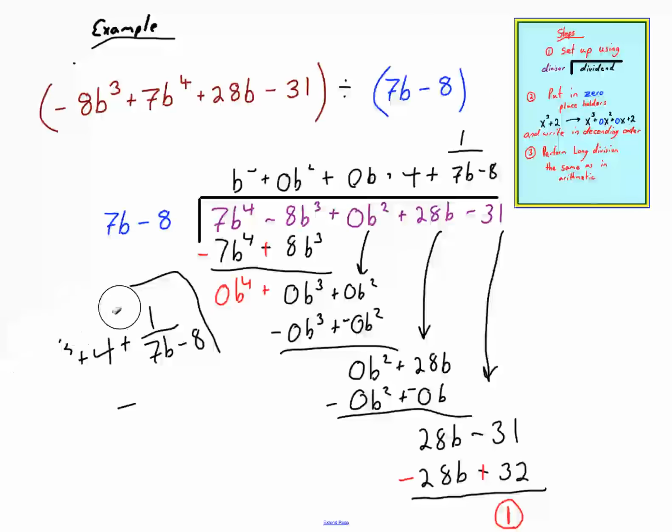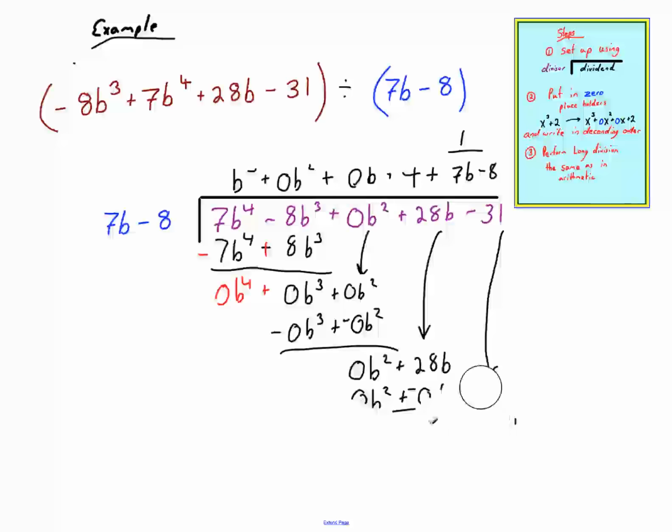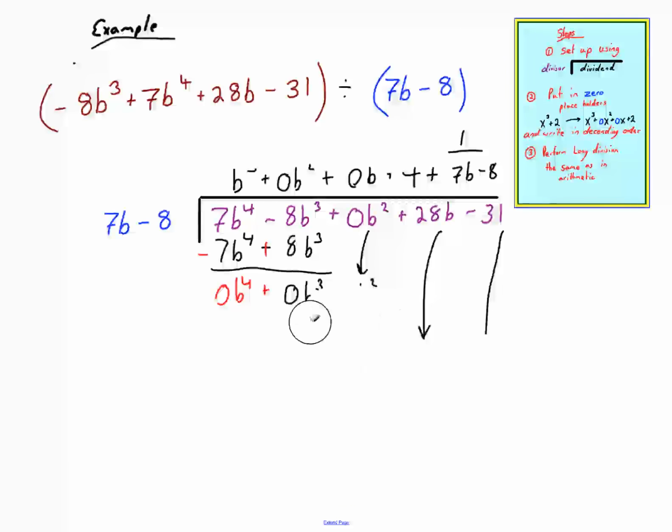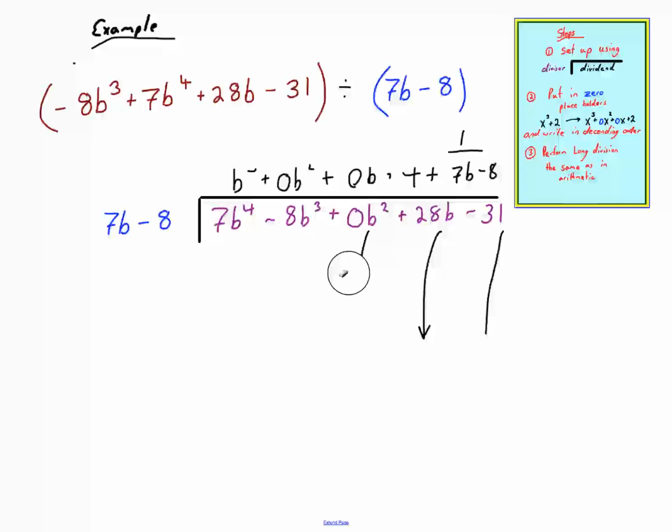Let's take a look how I would do this quickly and without those zeros there. Okay, let's erase this top part.